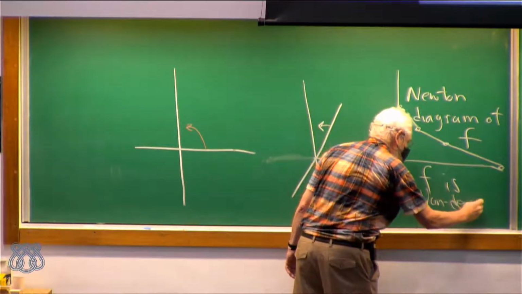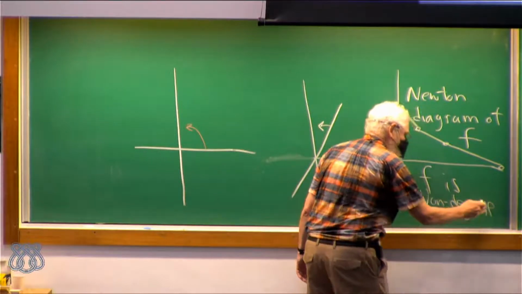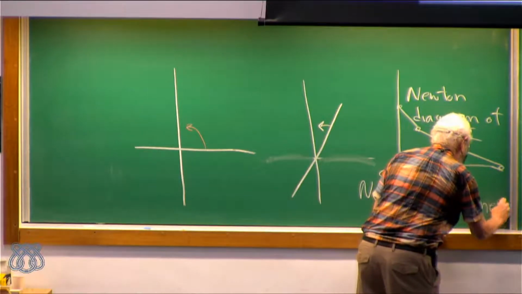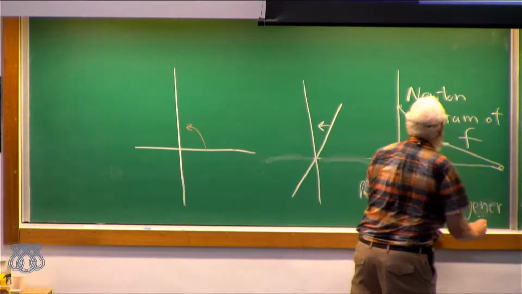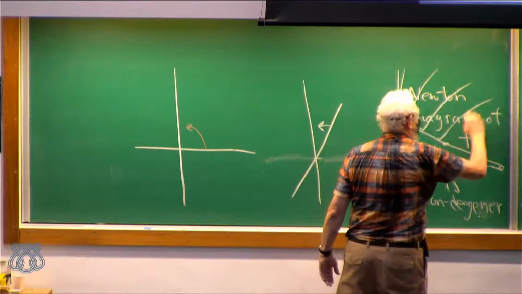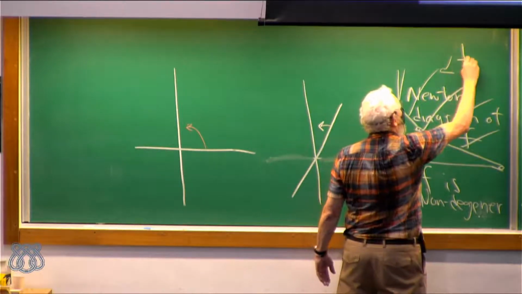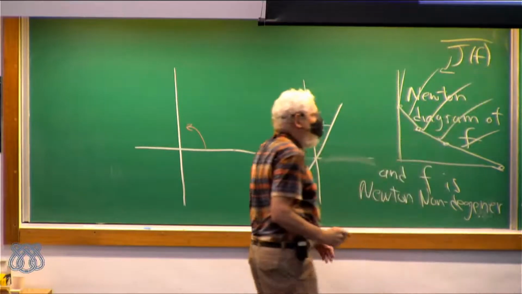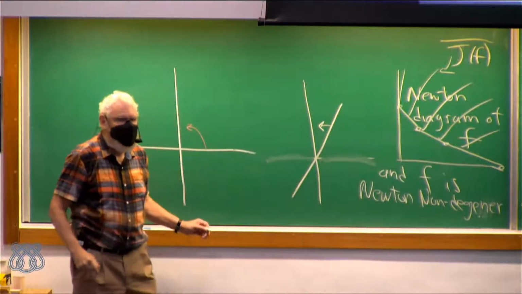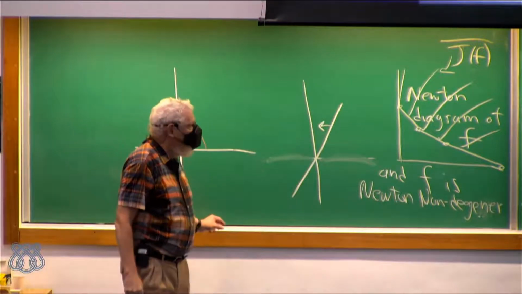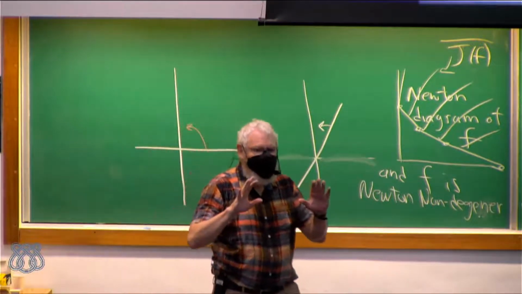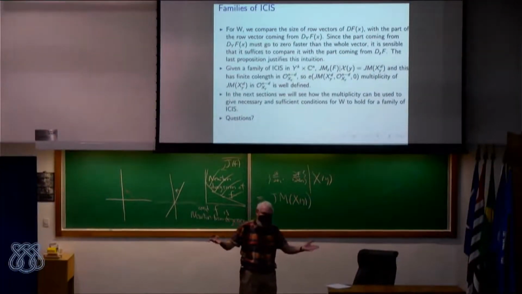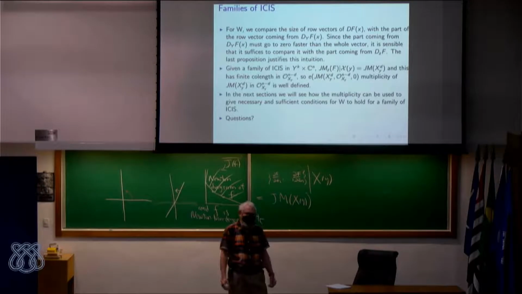I have to say what that is, which I'll do Monday. Then this is J of F bar. This is a much better result than you can get if you're trying to calculate what JF actually is, in terms of simplicity.